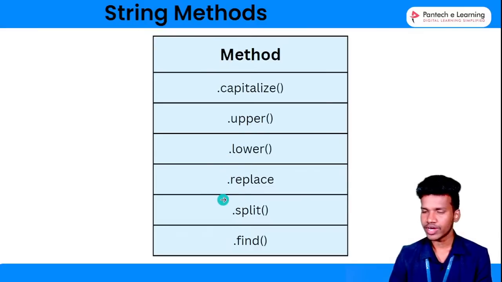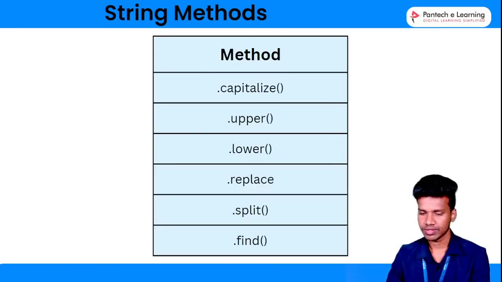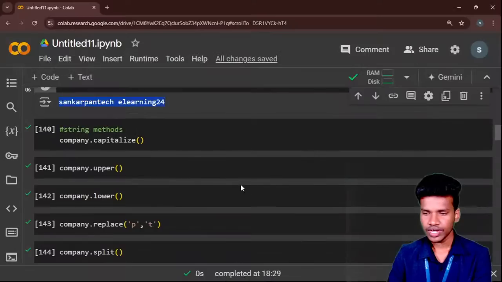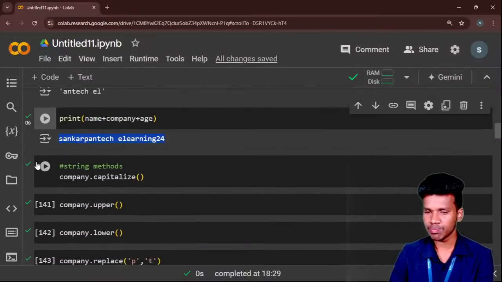Replace replaces one character with another character, and split splits a single string into multiple strings, and find is for accessing a character based on the index number.